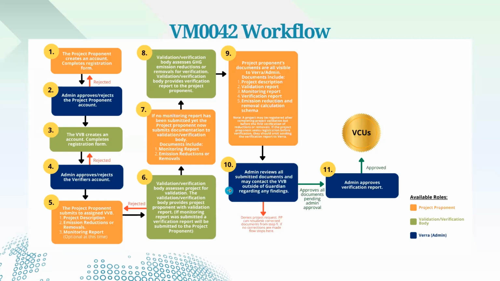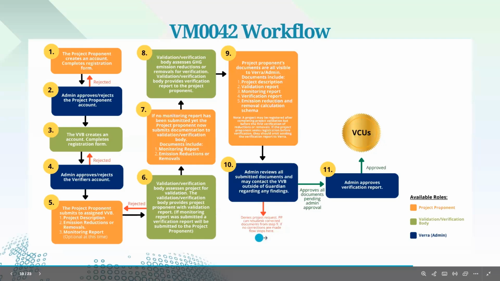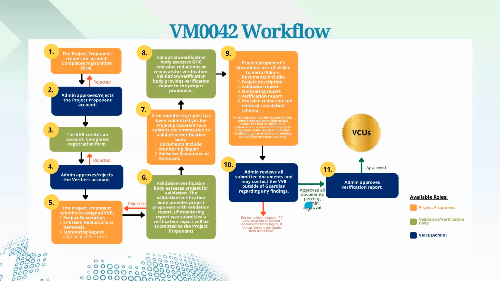In step 10 here, the admin can review all of those documents and approve them, or they can reject them, and this can stop the flow there if there are no corrections made by the project proponent or the validator or verifier. But assuming that everything is approved, and as soon as that verification report is approved, that would trigger the issuance of credits.